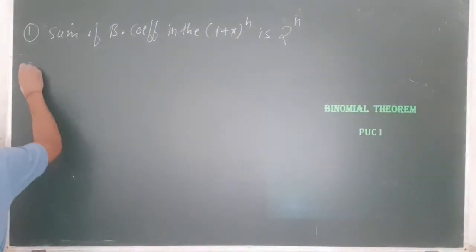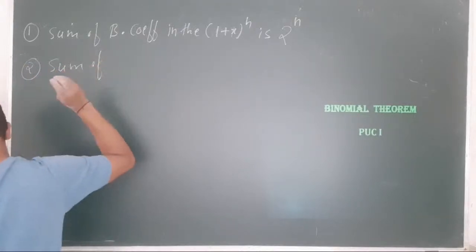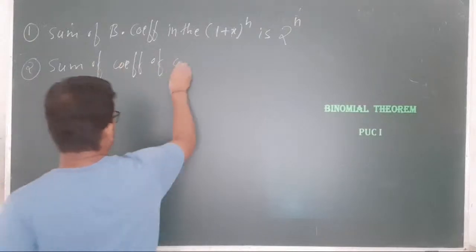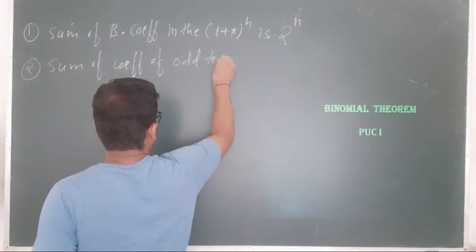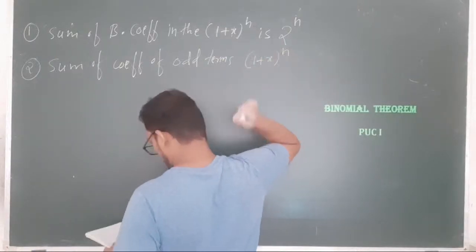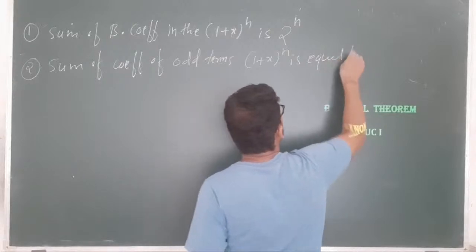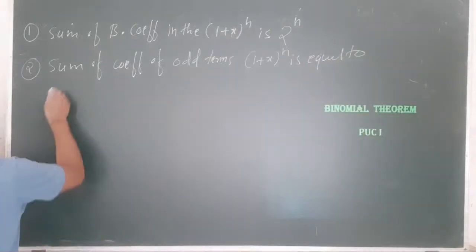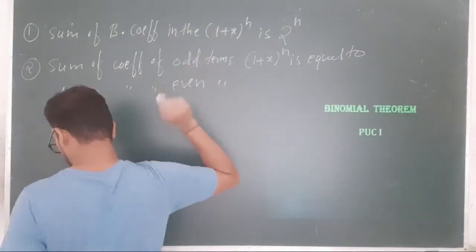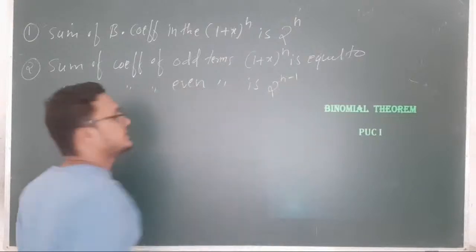Second one, sum of coefficients of odd terms in the expansion of 1 plus x to the power n is equal to the sum of coefficients of even terms, which is 2 to the power n minus 1.